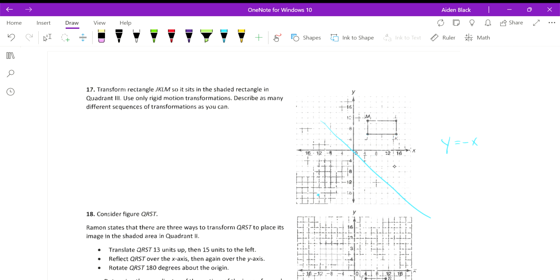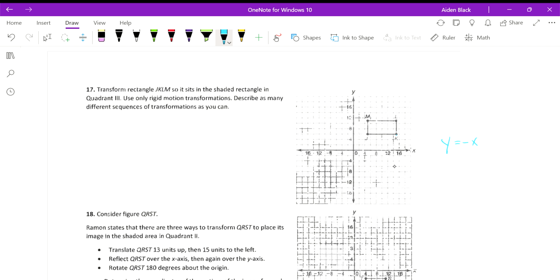Another thing that could be done is a rotation 180 degrees, so that would be like this. And if we were able to do that, we'd rotate 180 degrees and maybe we'd have to translate it.